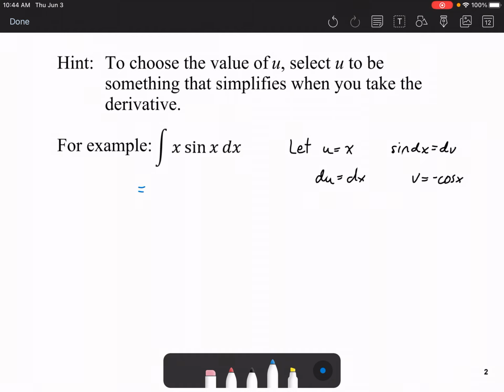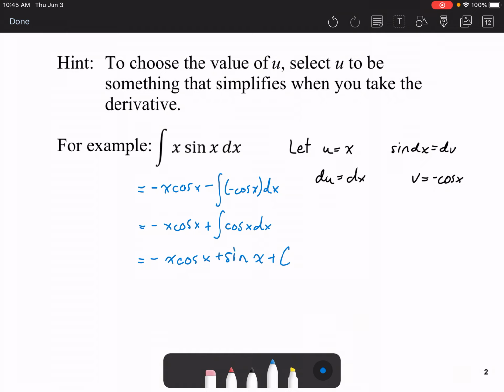So then you replace it. Your u and your v is negative x cos x together minus the integral, and in this case you're going to be using negative cos x dx, which is just the same as plus integral of cosine x dx, and now you can integrate that and you get this expression.